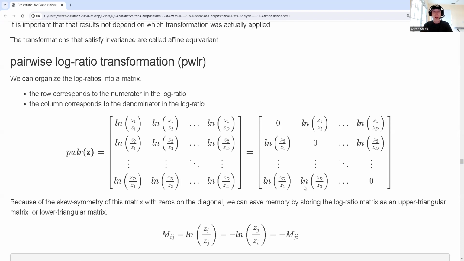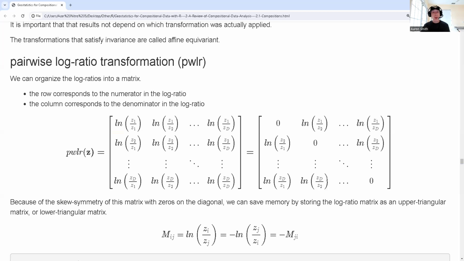Because of that, the upper triangle portion is equal to the lower triangle entry times -1. So this entry here is equal to -1 times this entry here. This entry is equal to -1 times this entry. This entry is equal to -1 times this entry.